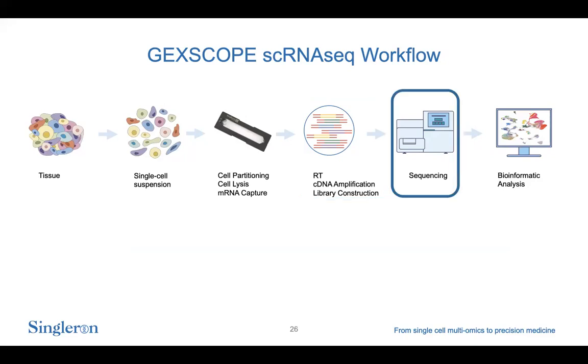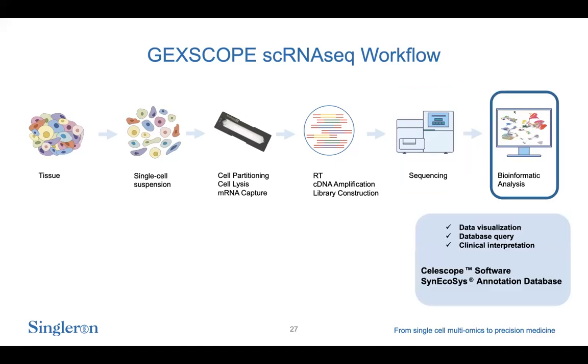Our products enable you to create libraries compatible with the Illumina sequencers. Once you have your sequencing data ready, you can proceed with the bioinformatic analysis. For this bioinformatic analysis, we offer 2 different solutions. One is called CellScope software, and the other one is called Synecosys database.